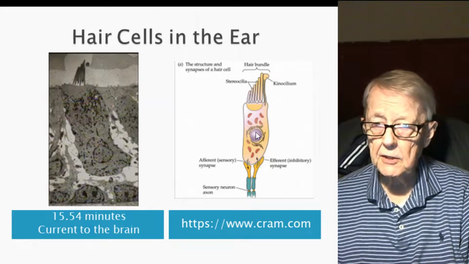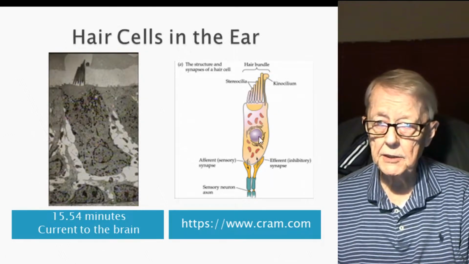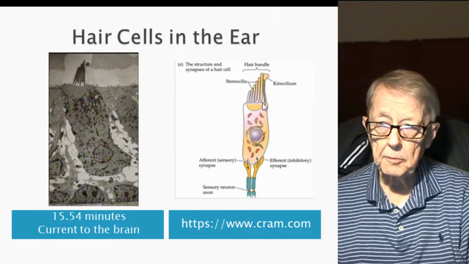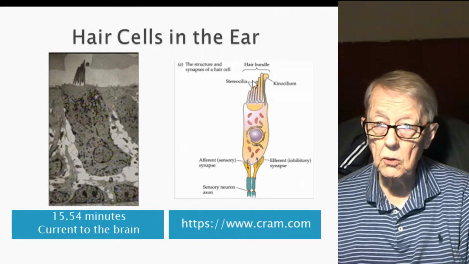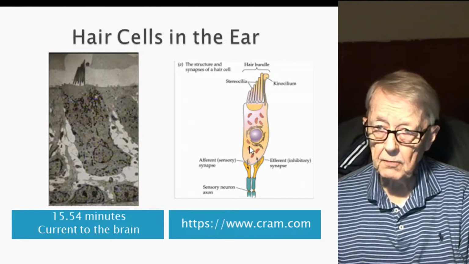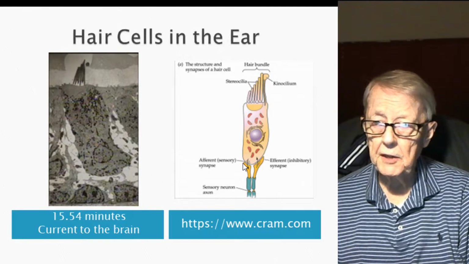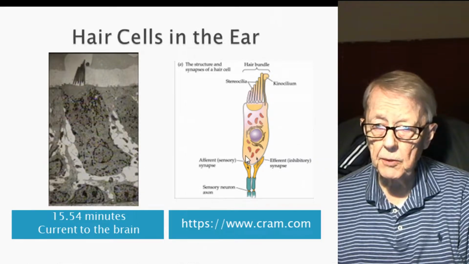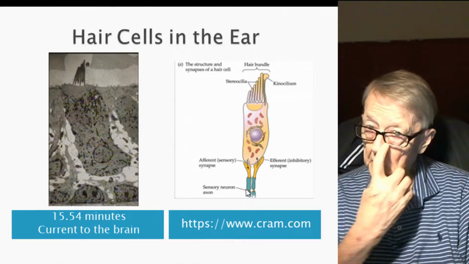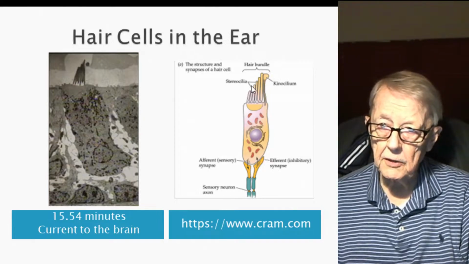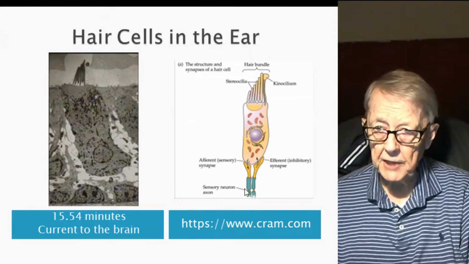The cell itself actually has a nucleus, which is much more complex than the nucleus of an atom, because it has to do with this whole hair cell. And at the bottom, there are 2 synapses, that is, connections to the brain. This one has an arrow pointing down, which suggests that when these move, a signal is sent.